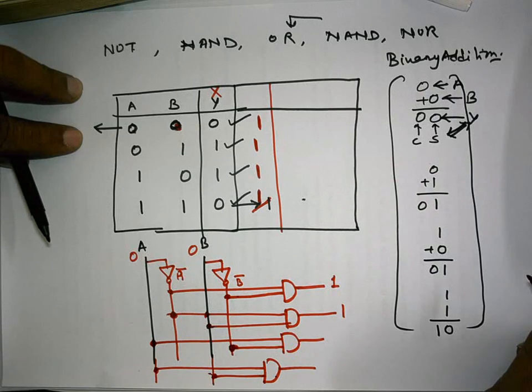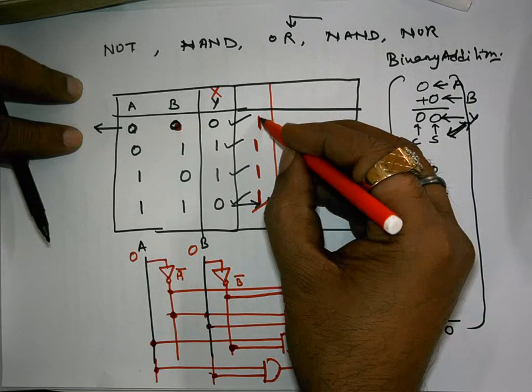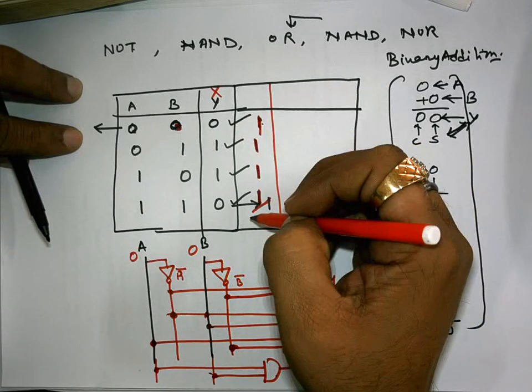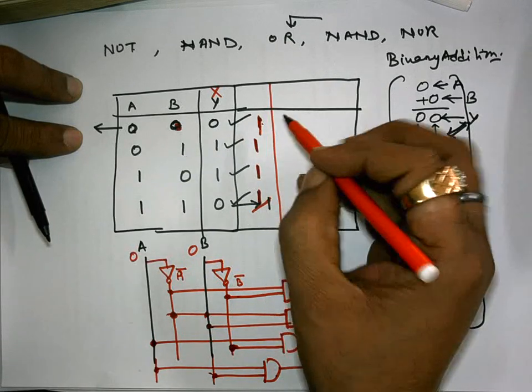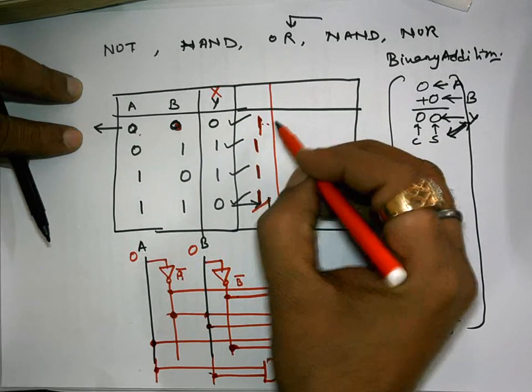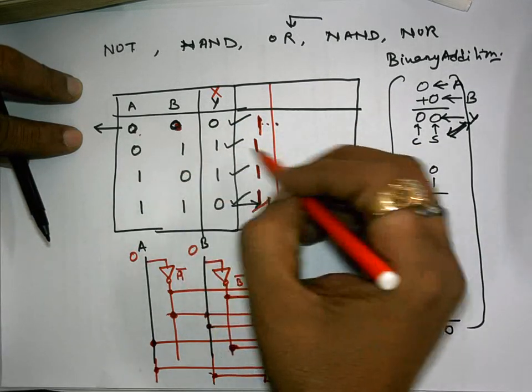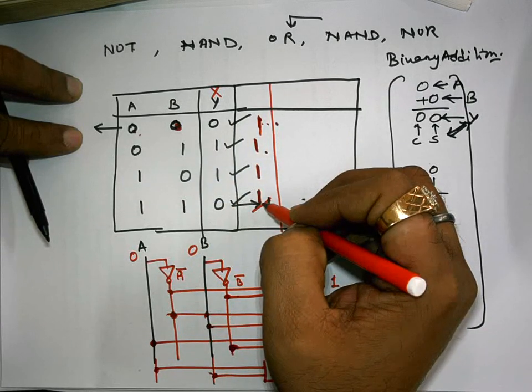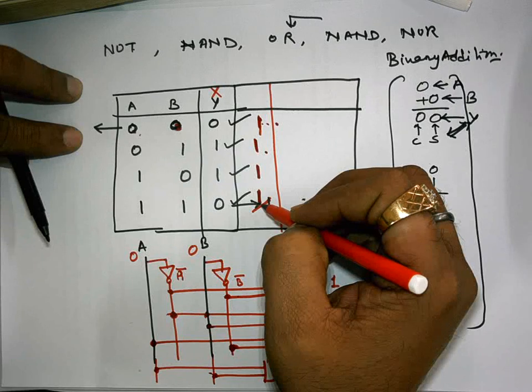Now since I was interested in the situation where the output is 1 in every input situation, whether the input is 0 0 or 0 1 or 1 0 or 1 1, the output should be 1.